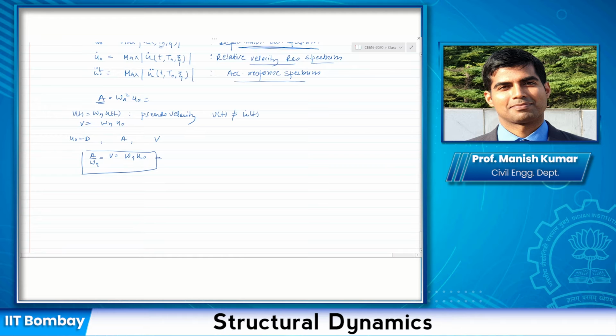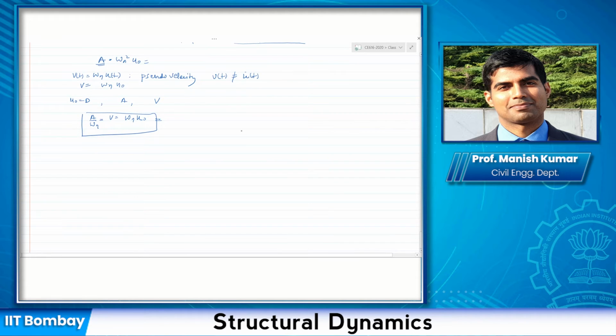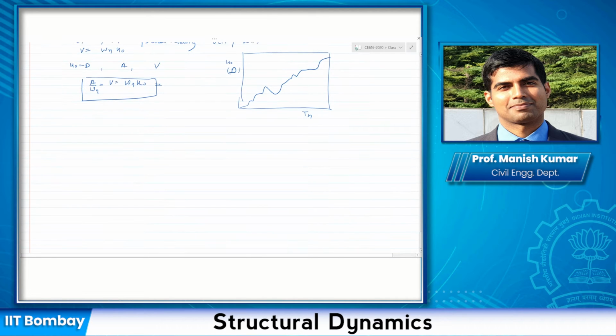Like we had drawn, remember, the response spectrum for the displacement, which looked something like this. Let us say this is D here, or U naught, and this is Tn. Corresponding to the same Tn, from the same deformation response spectrum, I can find for each and every point my A, which would be omega n square times U naught, which I can also write as 2 pi by Tn times U naught.